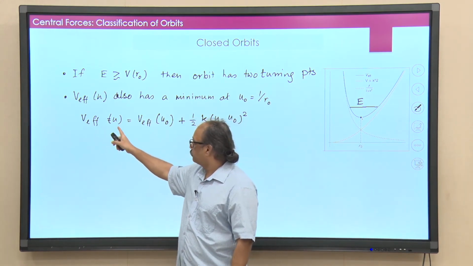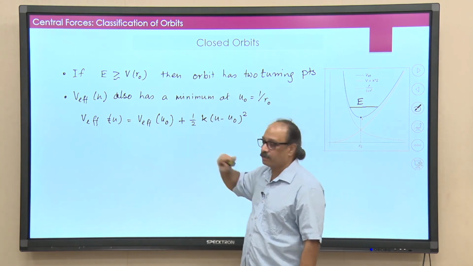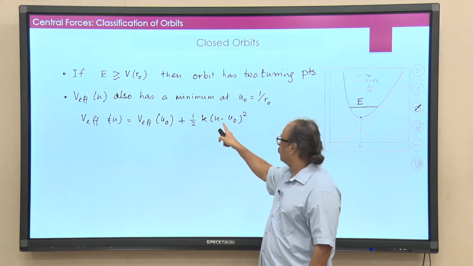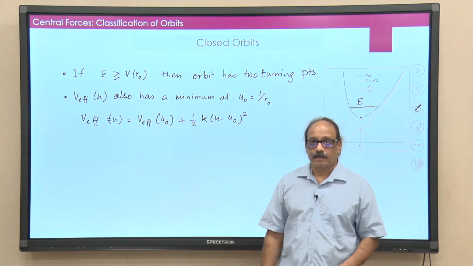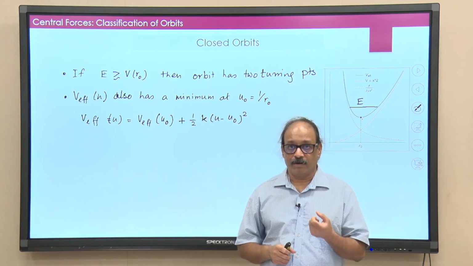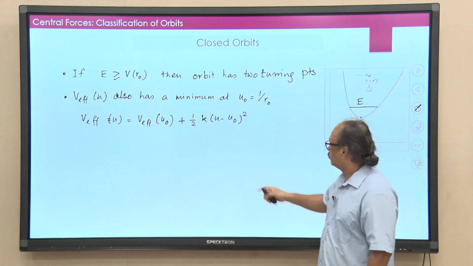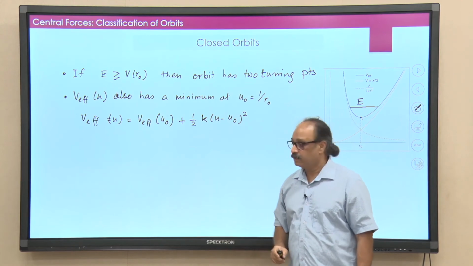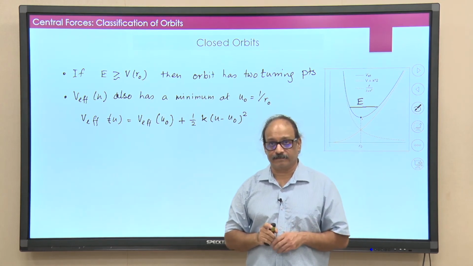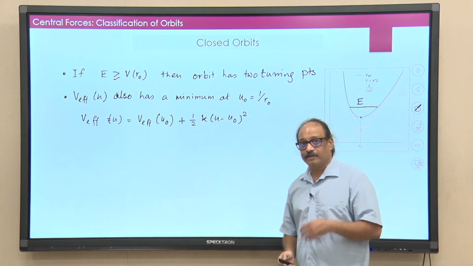So, V effective will be equal to the value of V effective at U naught, that is the minimum value there, plus half k times U minus U naught squared. And what we are going to assume is that the perturbation is small. If the perturbation from the original orbit is small, then U minus U naught will remain small, and I am going to conveniently ignore all the other terms of the Taylor expansion. So, this is what I have. Now, you go back and look at the equation of motion.